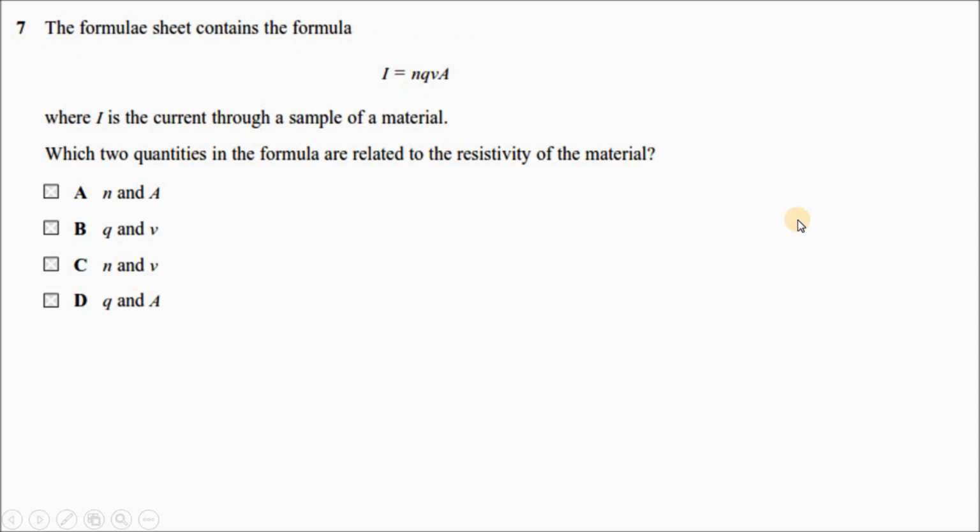The formula sheet contains the formula I is equal to nqvA, where I is the current through a sample of a material. Which two quantities in the formula are related to the resistivity of the material? Resistivity we generally denote with the letter rho.